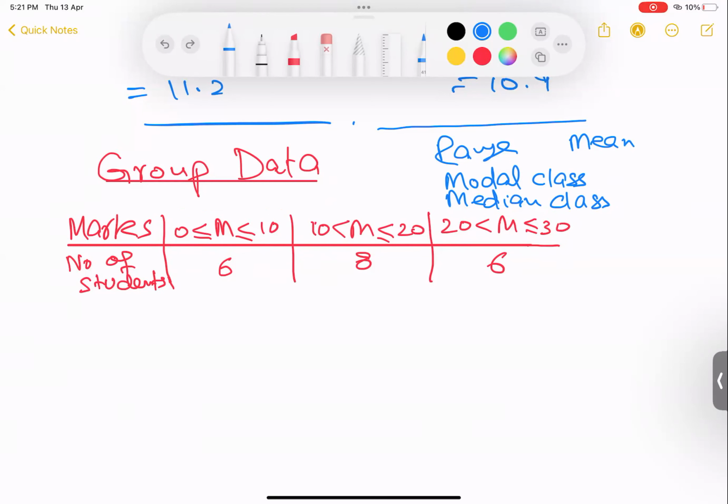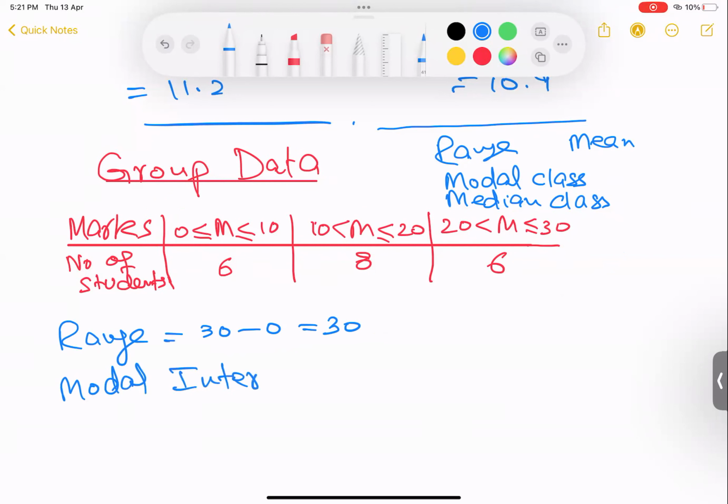Now I'm going to start with students. Bismillah ar-Rahman ar-Rahim. How to get the range? A piece of cake: the highest value 30, the lowest value 0, 30 minus 0 is the range. Now I talk about the modal class, or I just write the word interval for your understanding. And how to find the modal interval?